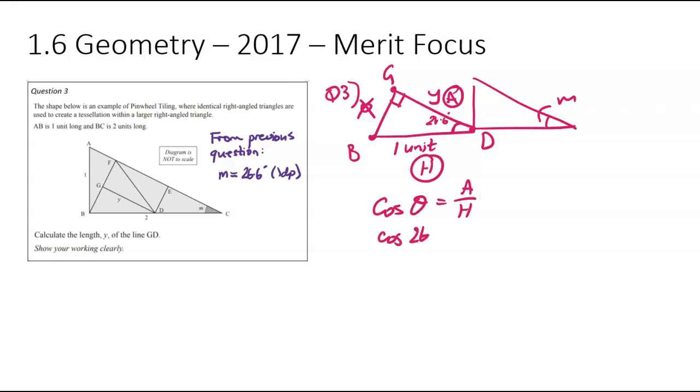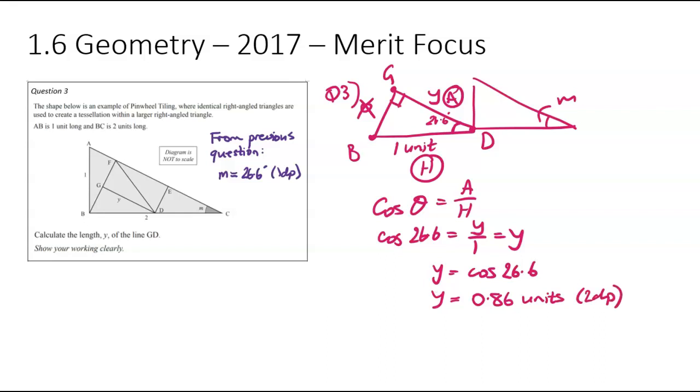Cos 26.6 is equal to Y over 1, which is equal to Y, which means Y is equal to cos 26.6. Put that into our calculator, and hopefully you're getting Y equals 0.86. We don't really have units here, so I'm just going to write down units just to be sure, and that there had a 2 dp rounding.